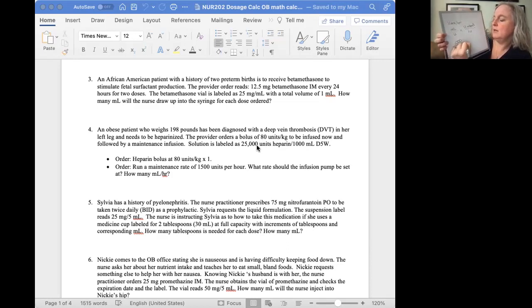It's hard for me to write sideways. Okay, we're going to multiply that by the number of units that are ordered, which is 1,500 units over 1 hour. So if we multiply the top and we multiply the bottom, and then we divide it, our total is going to be 60 mLs per hour.